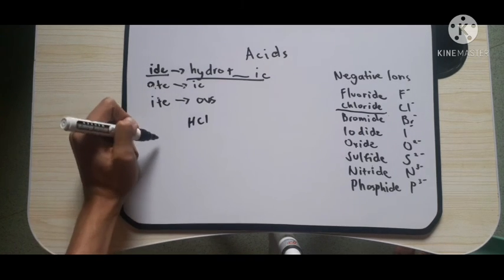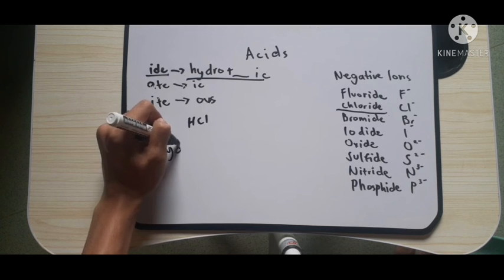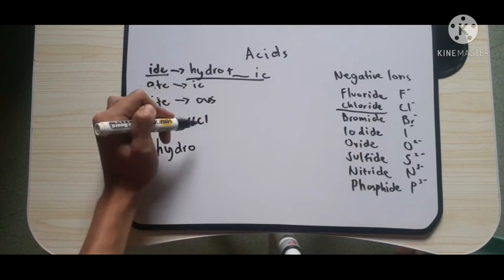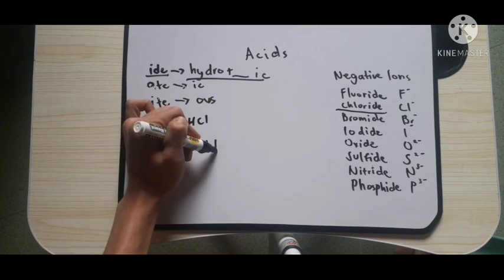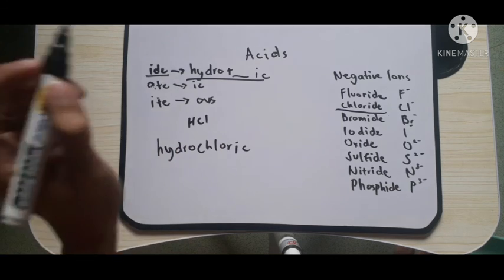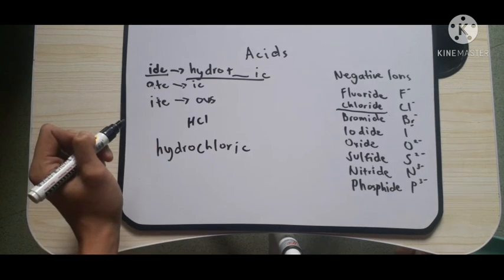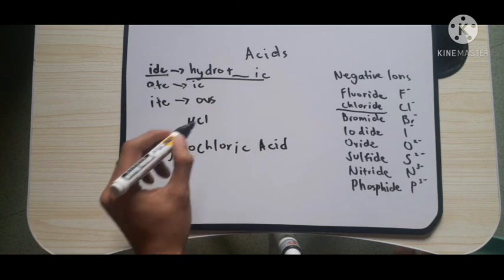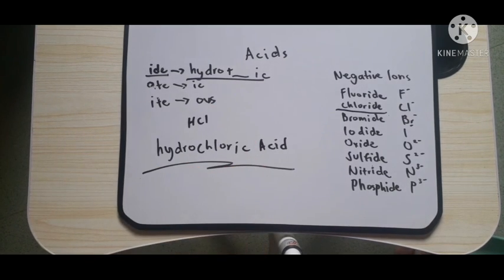So write the hydro plus the root word chlor and -ic at the end. So HCl is named as hydrochloric acid. And that's how we name acids.